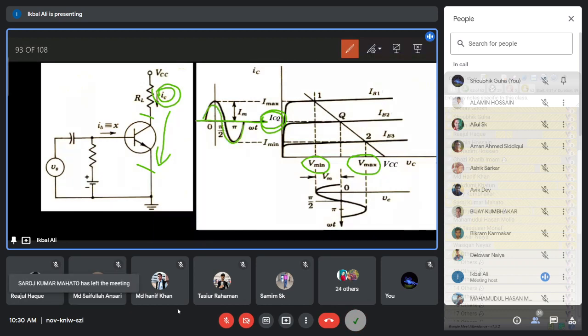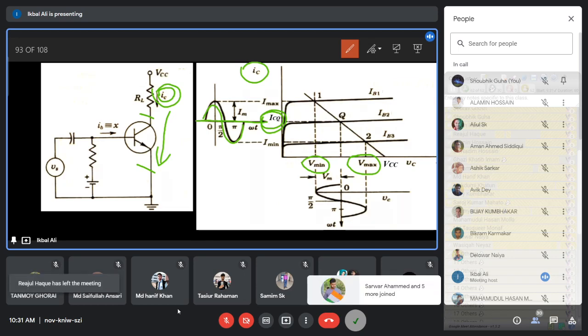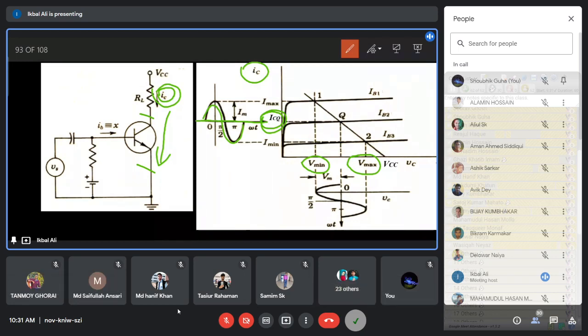It must be represented by small i, capital C. You see the symbol here. When the parameter is small and the suffix is capital, it contains AC plus DC, both currents. That is why in the ordinate you have this DC current plus the AC, and that is why this is small i, capital C.